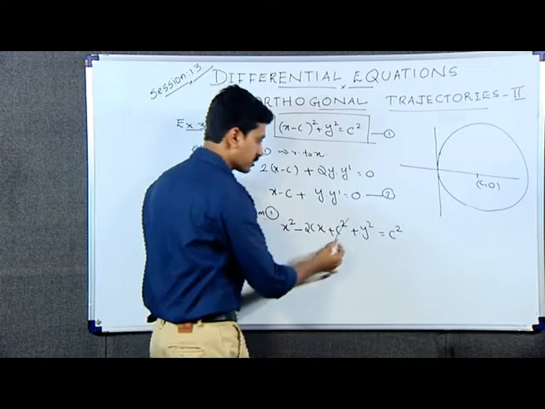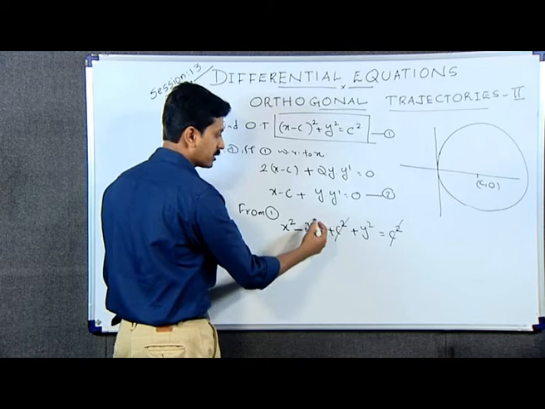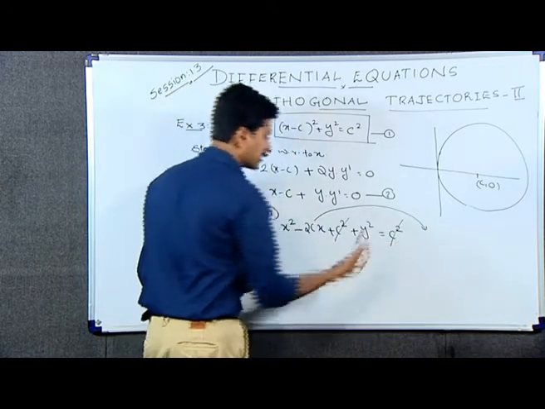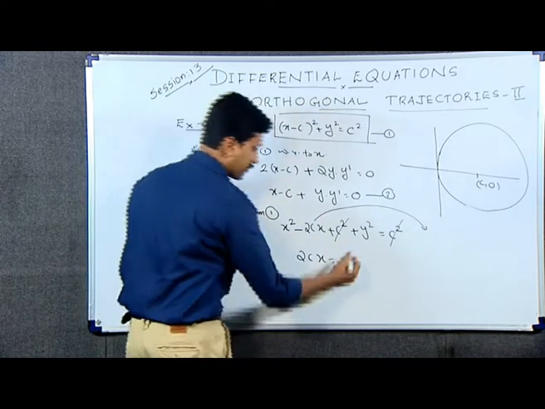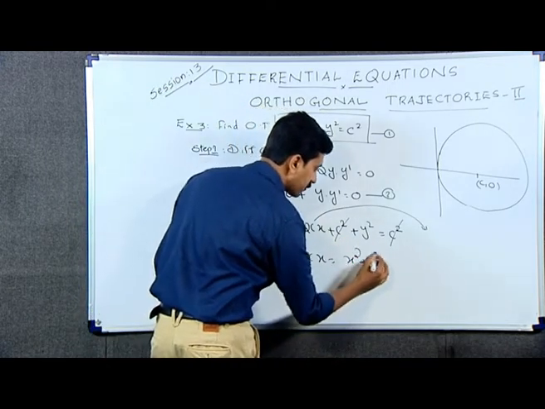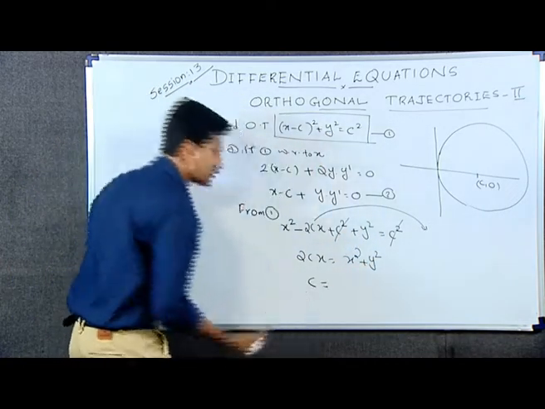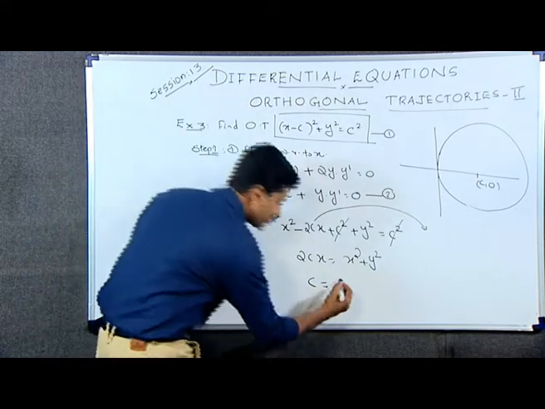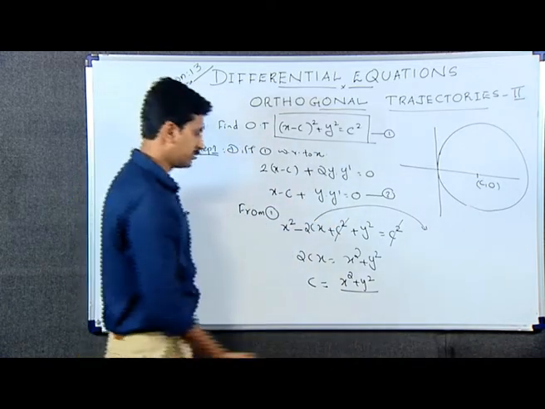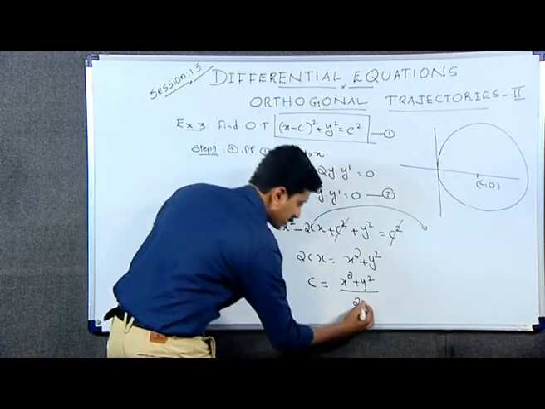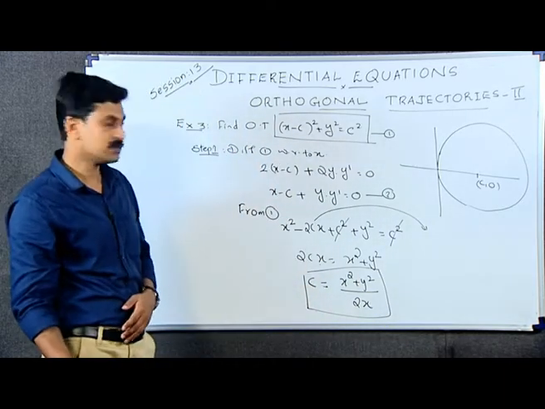We can cancel c square from both sides, so we have minus 2cx plus x square plus y square equal to 0. So, 2cx is equal to x square plus y square, and from here we have c equal to (x square plus y square) divided by 2x.